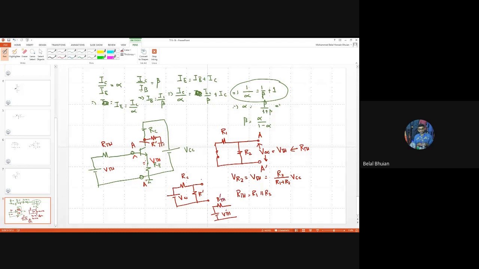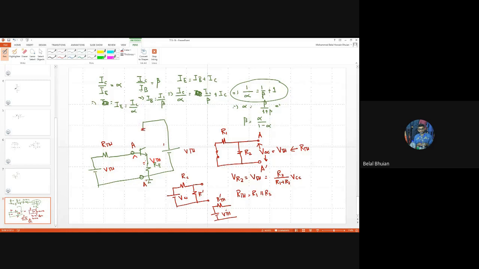So again, we replace that part with the DC voltage source and the resistor in series.